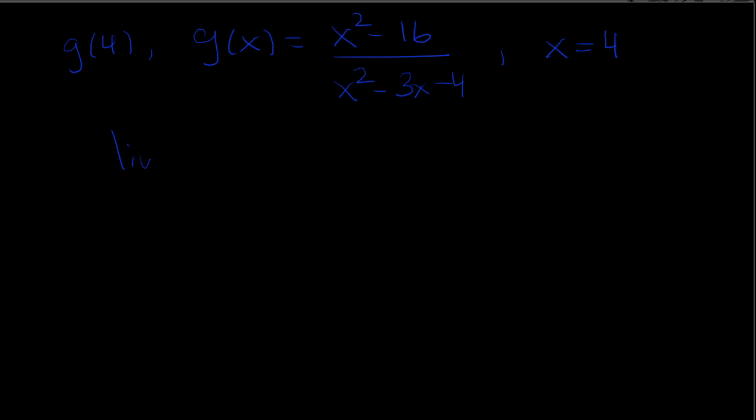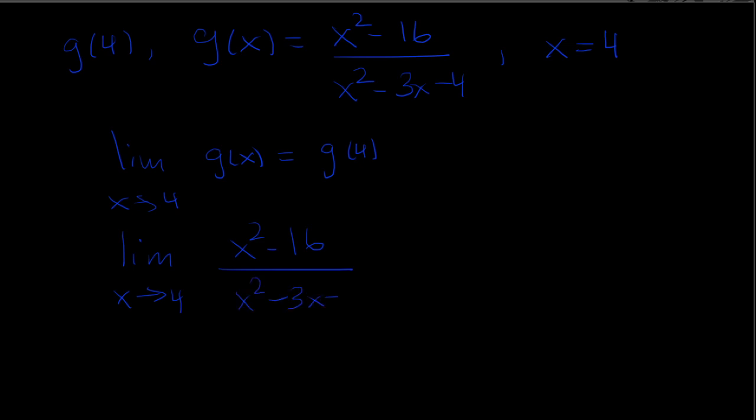So by definition, we want the limit as x approaches 4 of g of x to equal g of 4. Okay, now g of x is x squared minus 16 over x squared minus 3x minus 4.